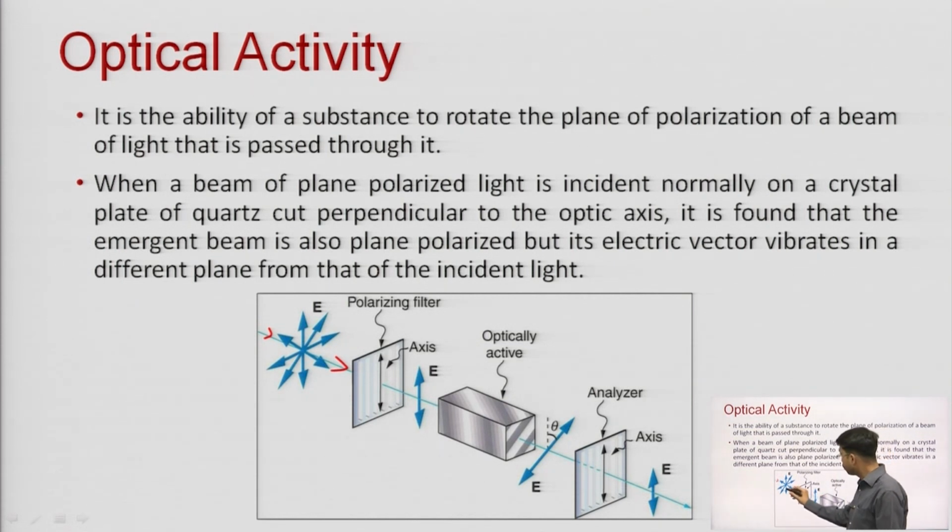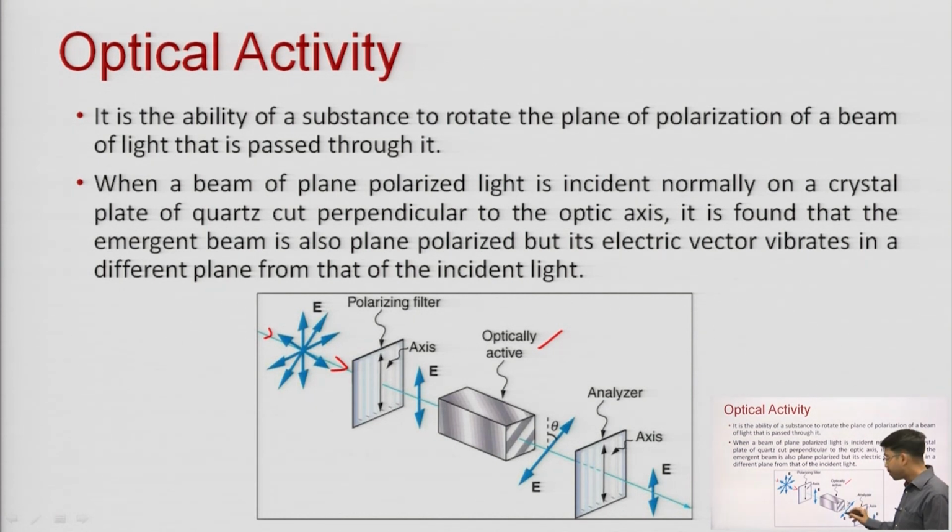So, when this unpolarized light passes through this vertical polarizer, it is converted into plane polarized light. All the other vibrations of the electric field vectors are stopped by this vertical polarizer. Now, you can see this is an optically active material. When this light ray passes through this material, the plane of polarization is rotated by a certain angle.